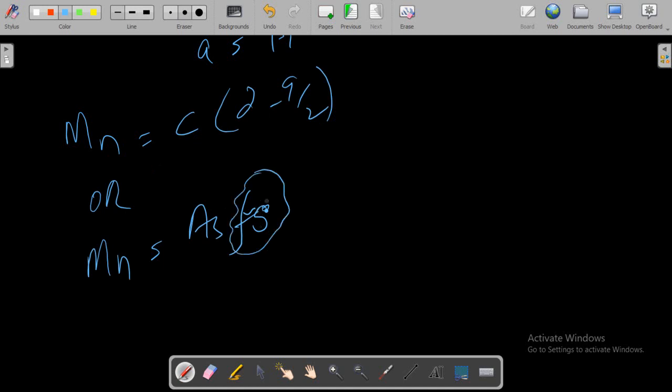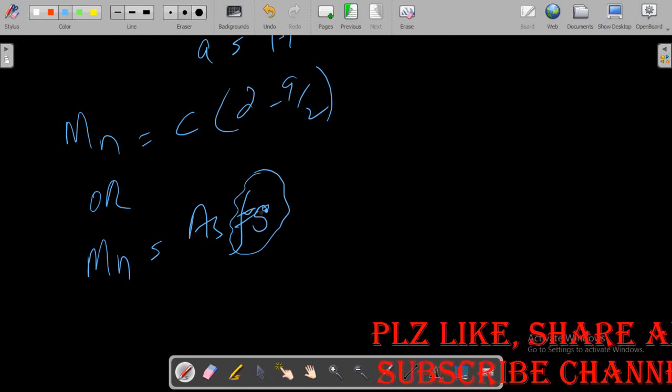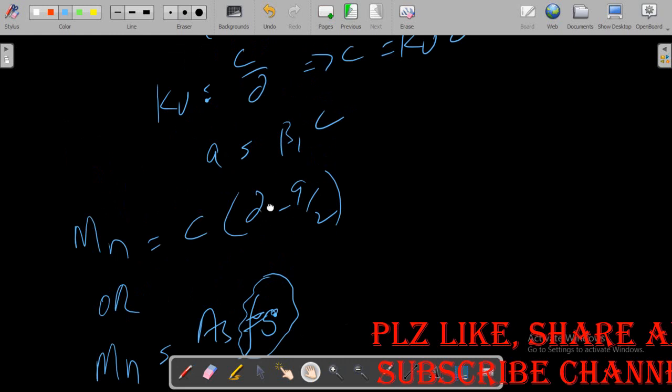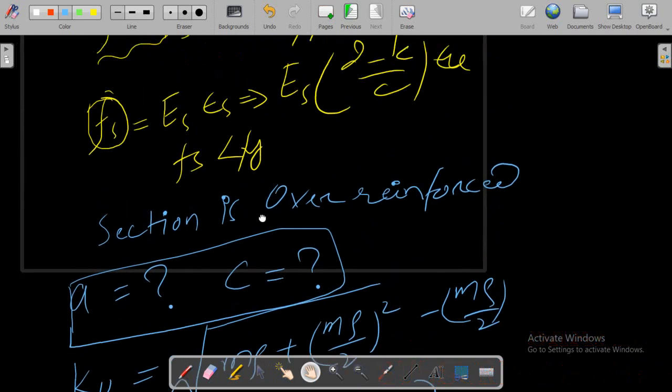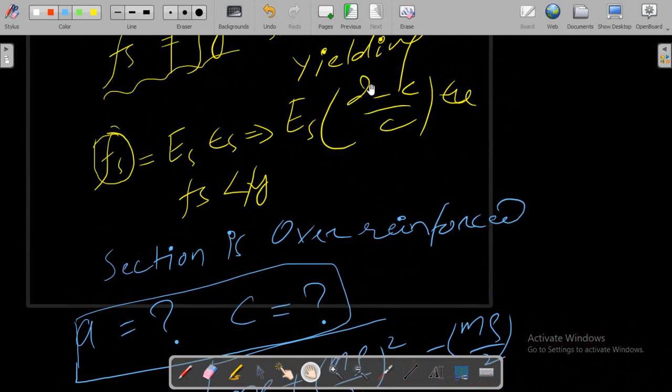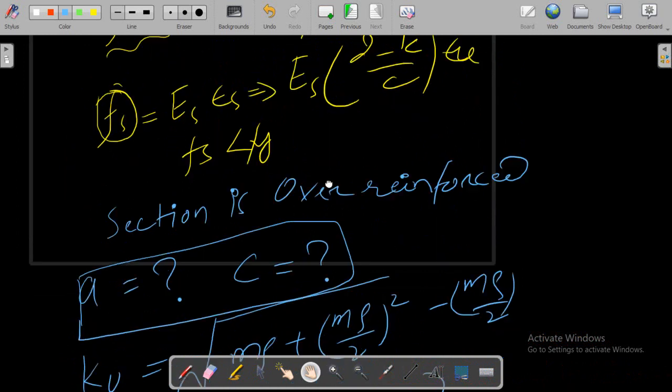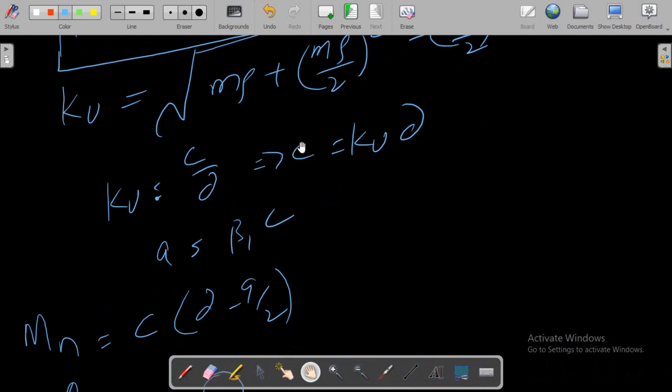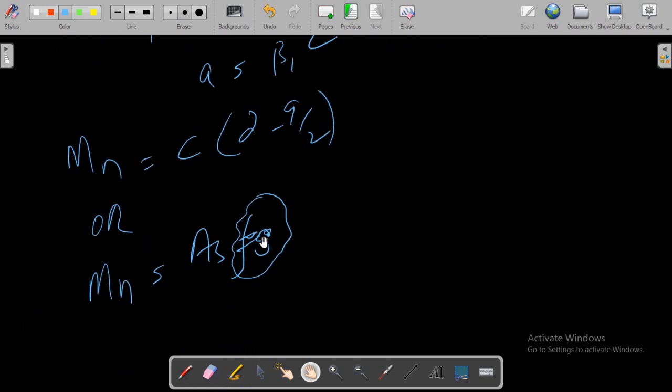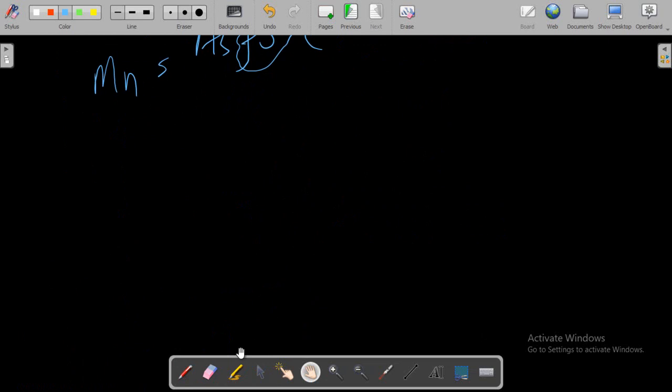You have to make sure that you use the value of fs. And how do we calculate fs? We will find this fs from this equation. Remember this equation. We will calculate c, insert this c value in that equation, and find out the value of fs. This is very important. We will multiply this with the lever arm and find the Mn, the nominal moment capacity.